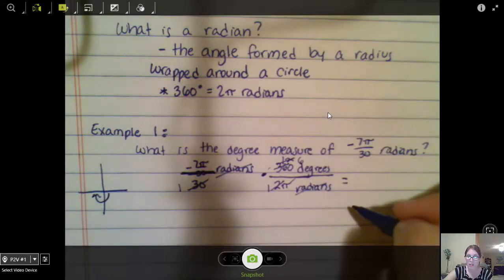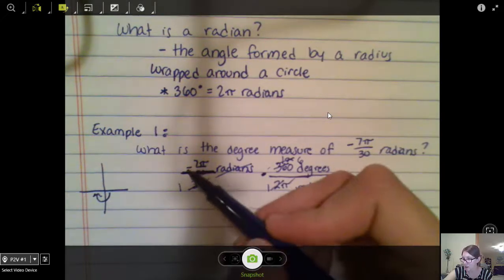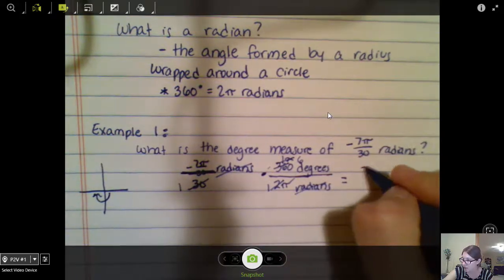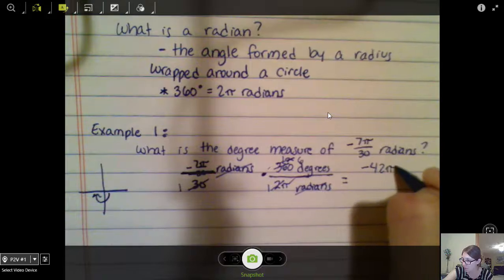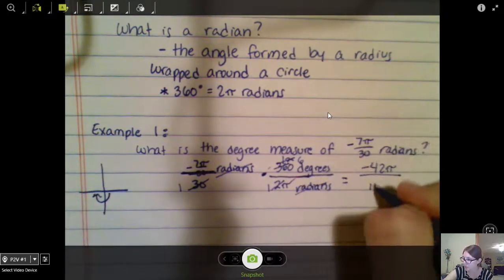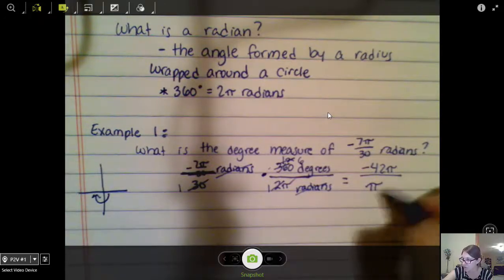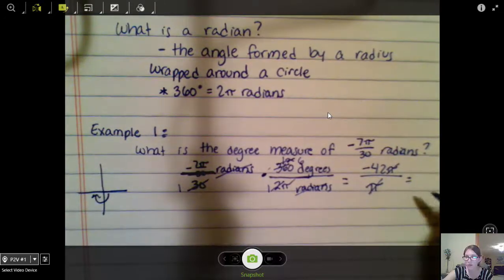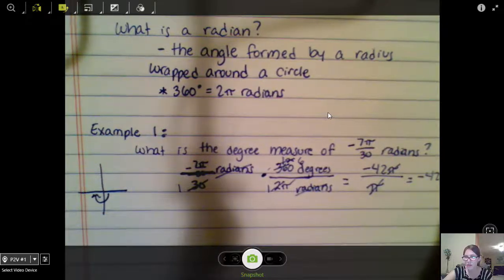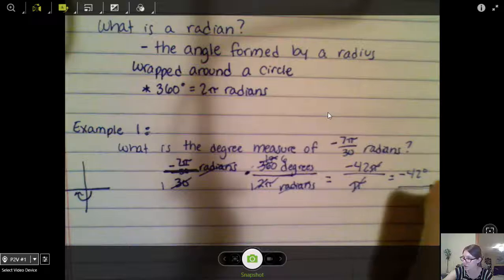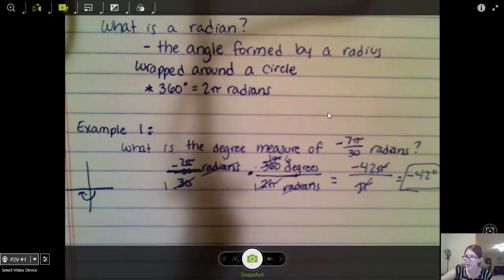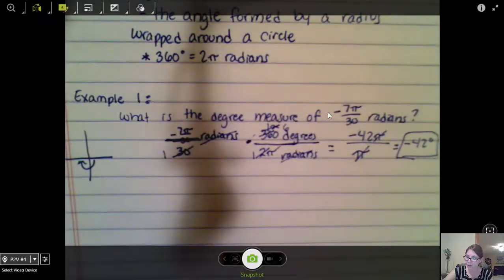And that makes our numbers a lot easier to work with, because now I have negative 7 pi times 6 is negative 42 pi over 1 times 1 pi. Pi's cancel out. My unit is negative 42 degrees. Like I said, I would convert the other way also, so that's what I will do now.